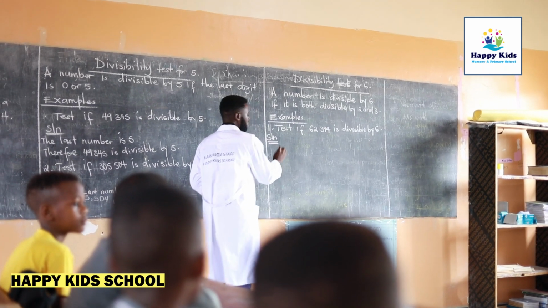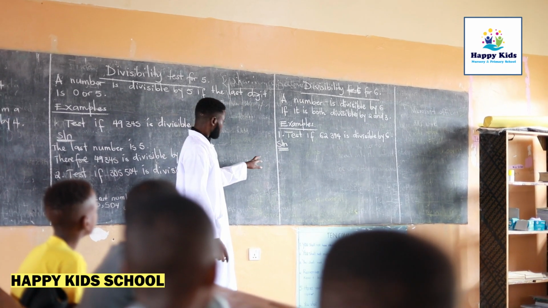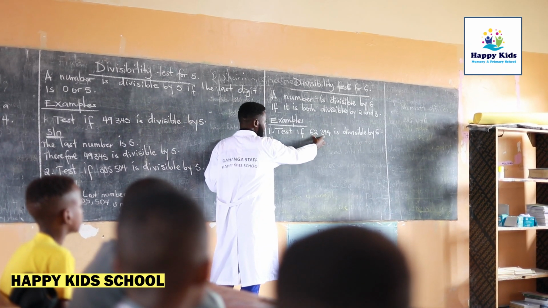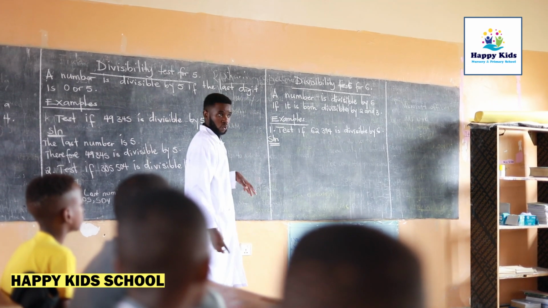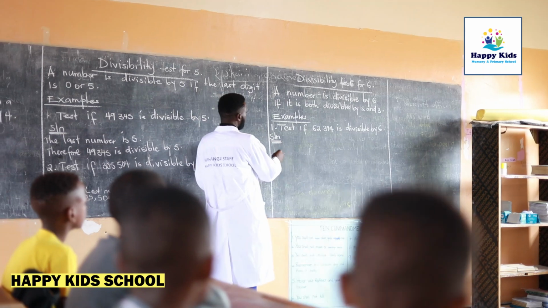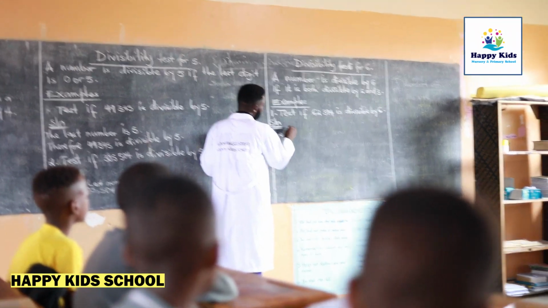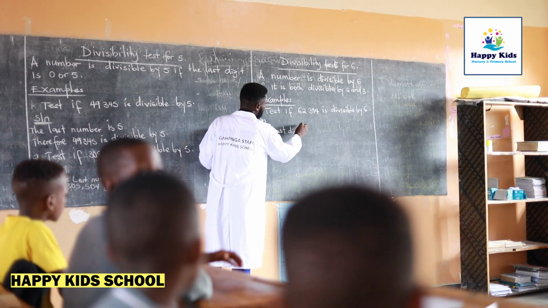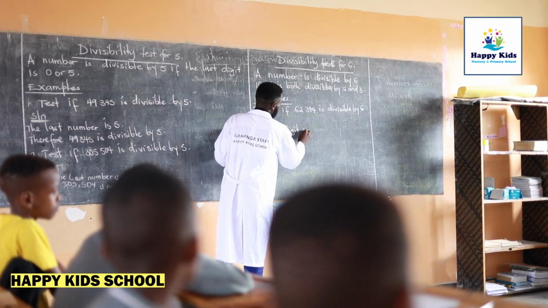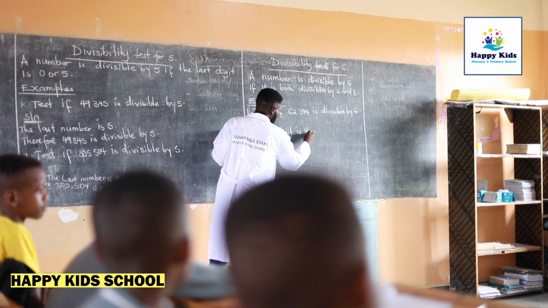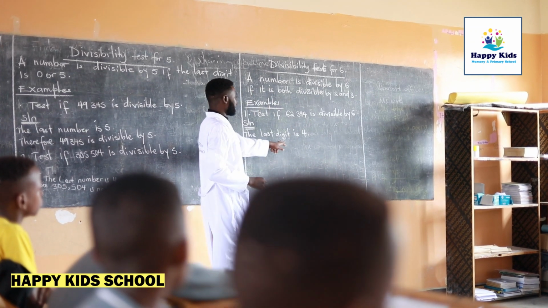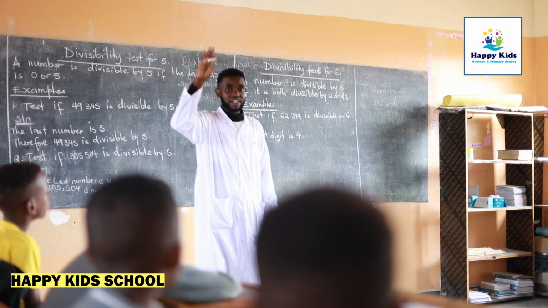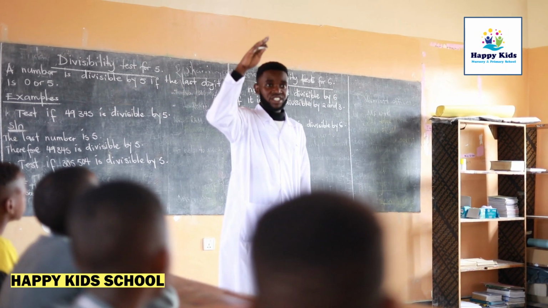You have to follow these steps. We first see whether this number is divisible by 2. The last digit is 4. If the last digit is 4, what does it mean? Who can tell us?